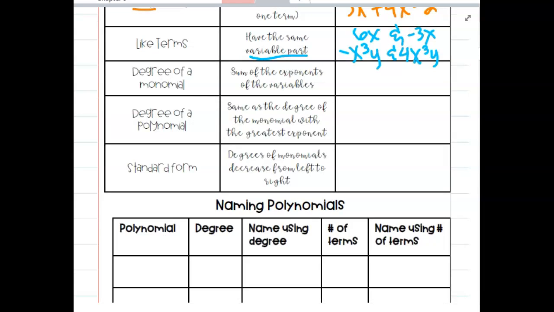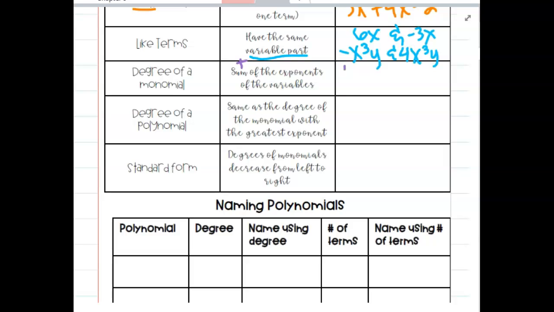One of the things we're going to talk about today is the degree of a monomial and the degree of a polynomial. Let's start with the degree of a monomial. This is super simple to do. I think it sounds more complicated than it is. You take the sum of the exponents of the variables. The sum means add, so we add the exponents of the variables.